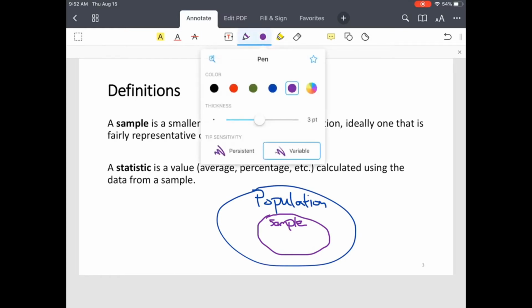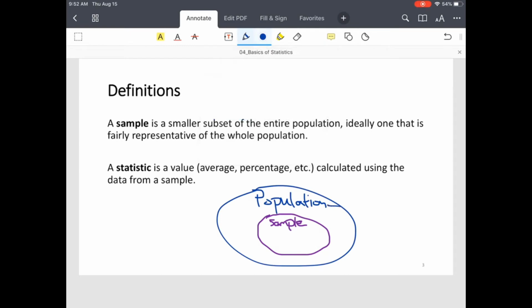So your bigger group is the population, your smaller group is the sample. When you're talking about a population, you're talking about parameters. When you're talking about some value related to a sample, we call that a statistic. So remember, that's how you relate it.